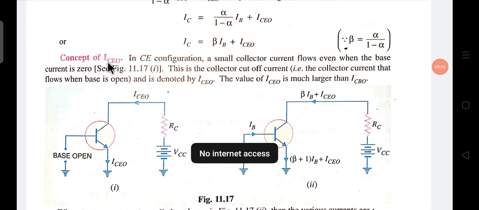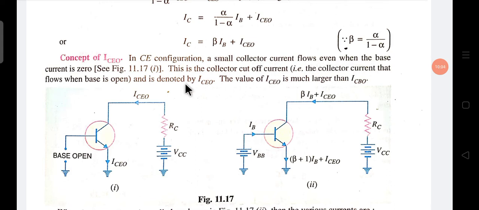ICEO means common emitter. In this common emitter configuration, a small collector current flows even when the base current is 0. In the previous common base configuration, we saw the leakage current ICBO, the collector current when the emitter is open.